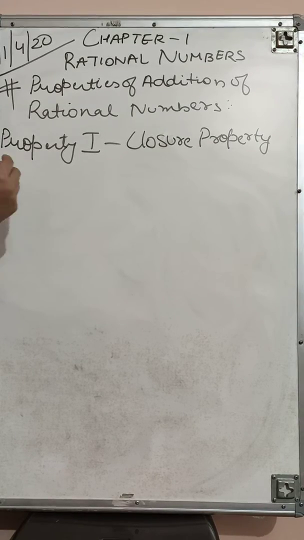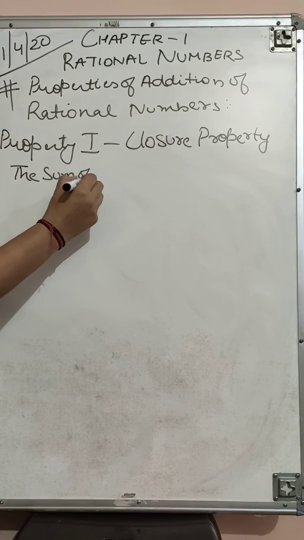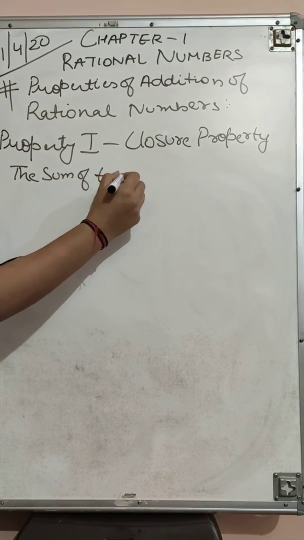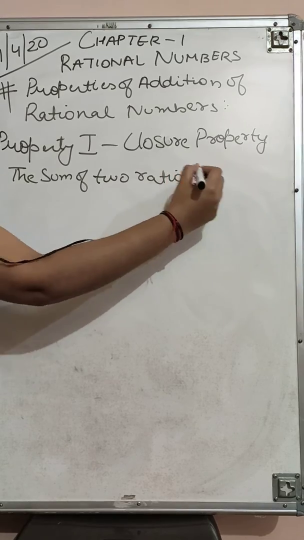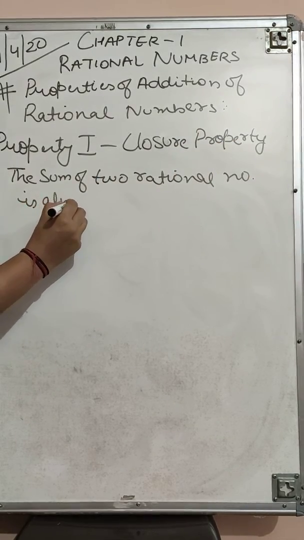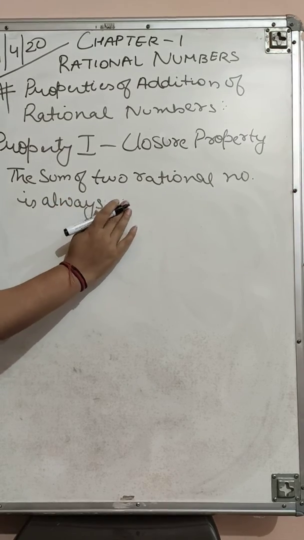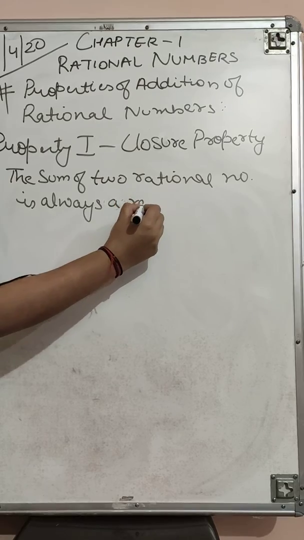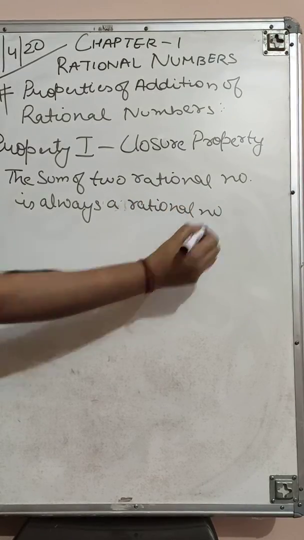The sum of two rational numbers is always a rational number.